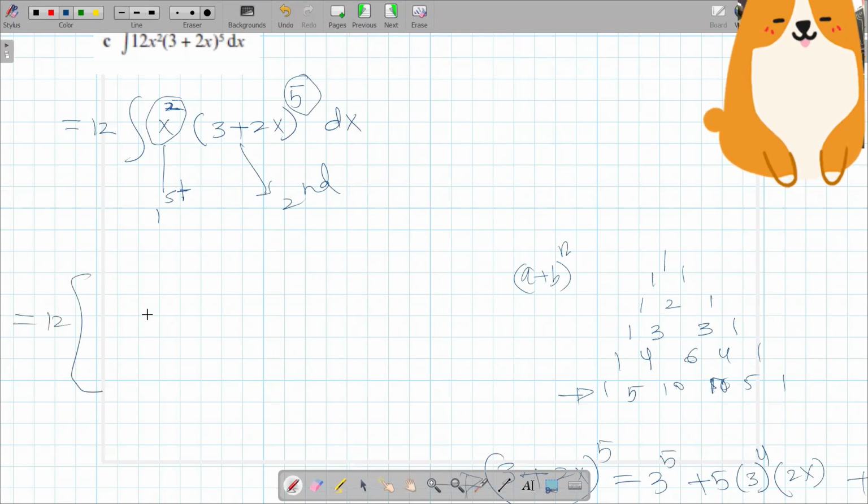First function same. What is the integration of the second function? What is the integration of this?